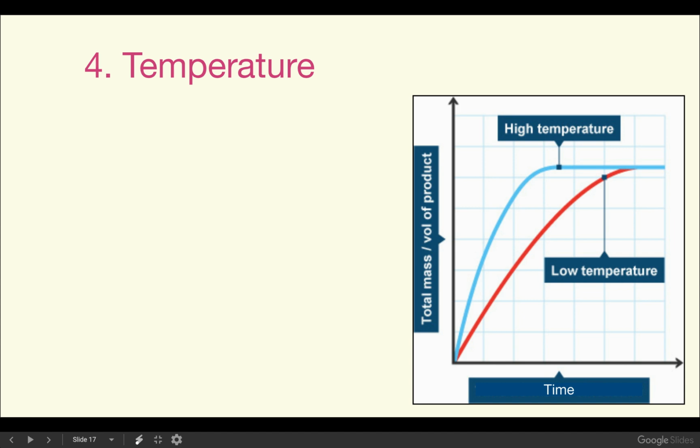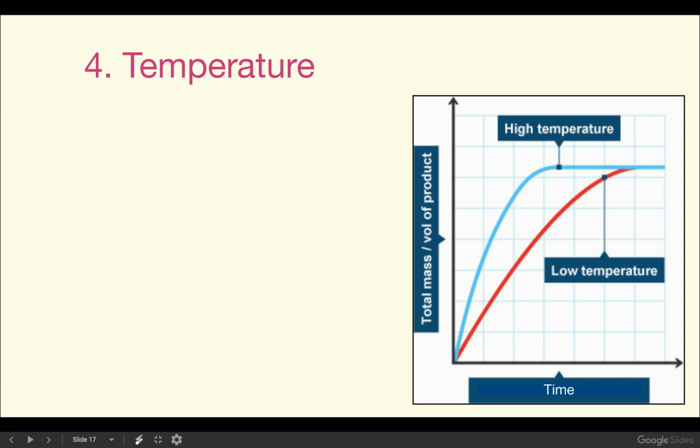All the way back in first year, we said there's such a thing called matter, and matter vibrates. As you heat it up, it vibrates more quickly. If these particles are vibrating more and more quickly as a result of being heated up, then they're going to hit each other more often, and that's going to increase the likelihood of a chemical reaction happening more quickly.